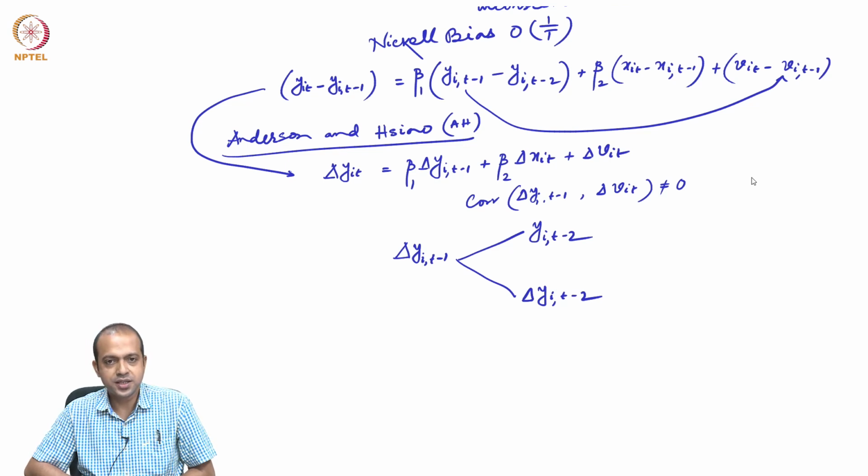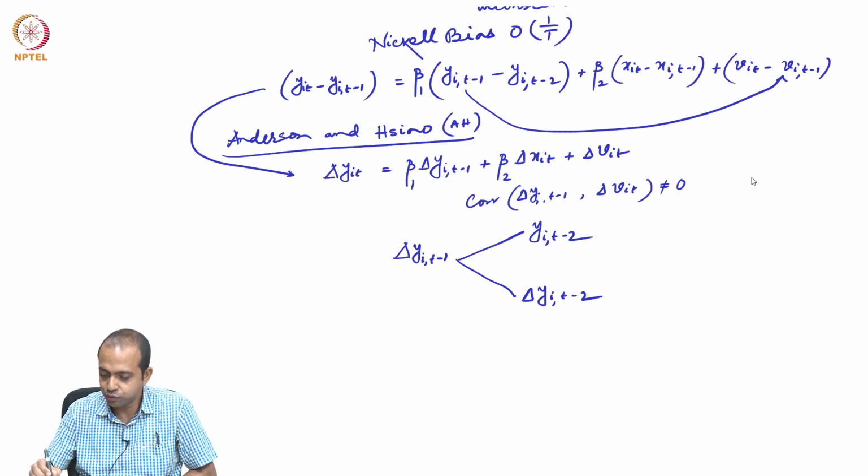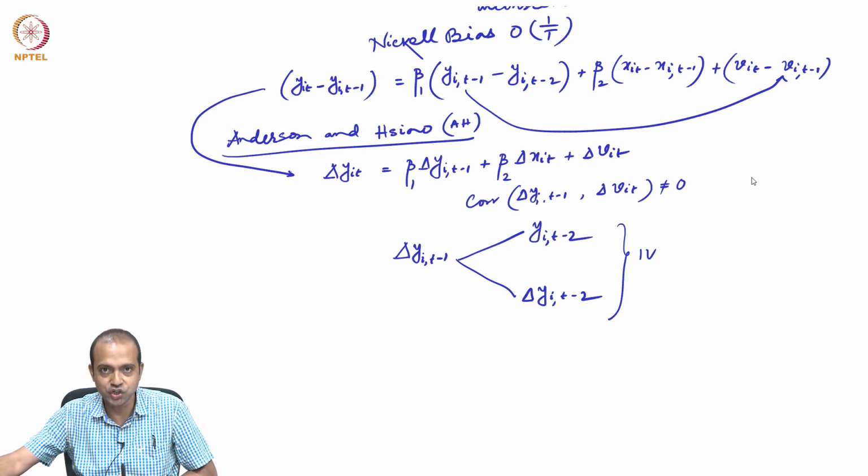Second lag of the level or second lag of the difference, both of them can be used as IV for this delta YIT minus 1. That is the idea given by Anderson and Hsieh.